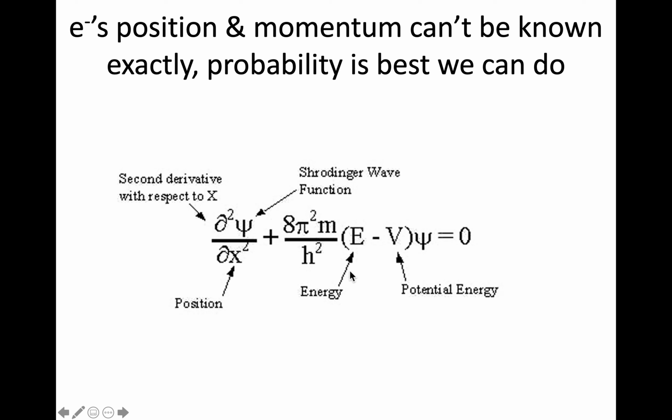The main takeaway I want you to have is the old adage that you've heard about electrons: their position and momentum can't both be known exactly. The Schrodinger wave equation is the solution to this, in that we're looking at probabilities. Instead of being able to know exactly position and momentum, the best we can hope for is a probability of where the electron is located. And that will lead us into the next module, talking about the orbital shapes for electrons.